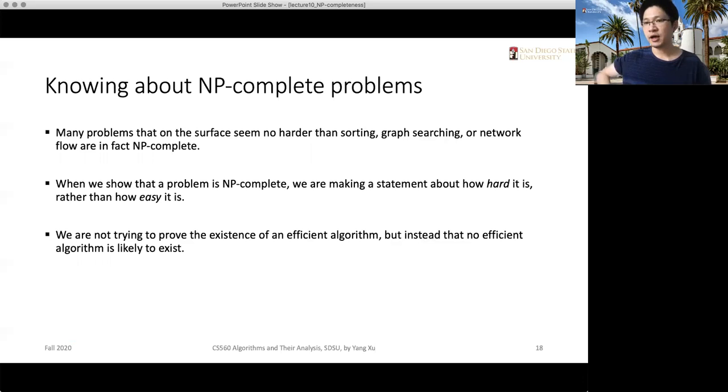It's only hard if it's NP-complete, if we cannot find a polynomial time solution to it.